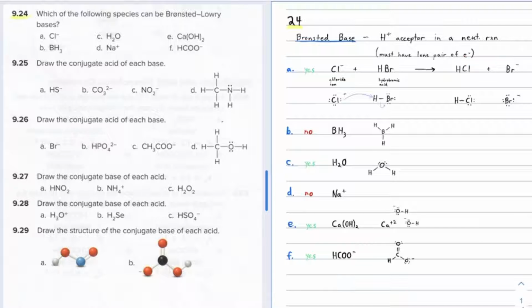Part of the criteria for somebody to accept a proton is for it to have a lone pair of electrons. The first one, yes, chloride ion is a Bronsted base. This is the chloride ion. And we can see how it works in a neutralization reaction.